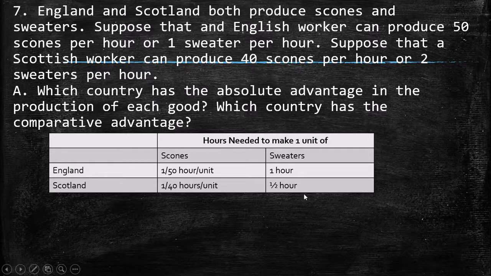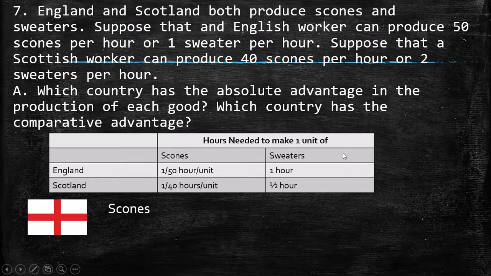On the other side, the Scottish worker produces 2 sweaters per hour. So for 1 unit of sweater, the Scottish worker needs half an hour. On the other side, he produces 40 scones per hour, so it means that 1 over 40 hours are needed to make 1 unit of scone.